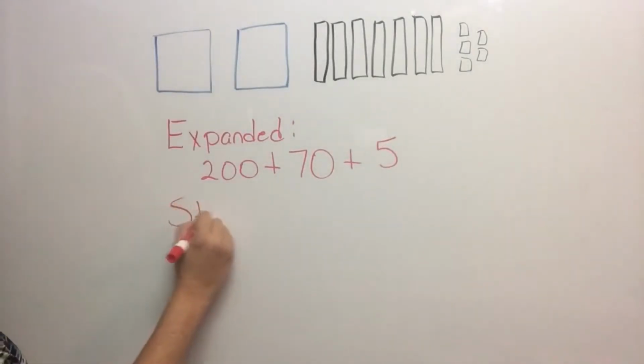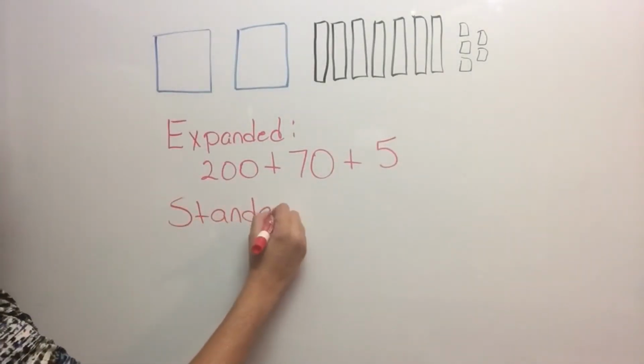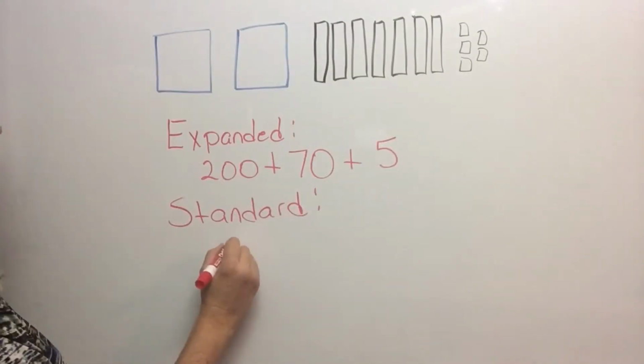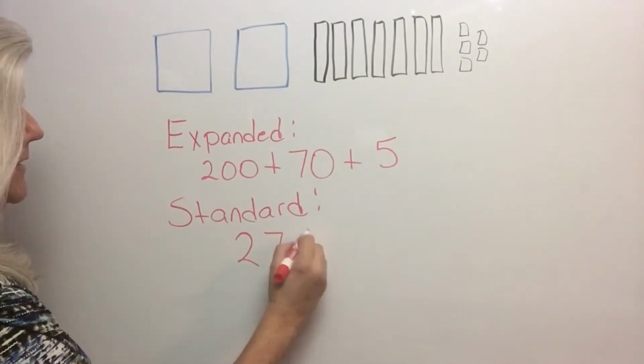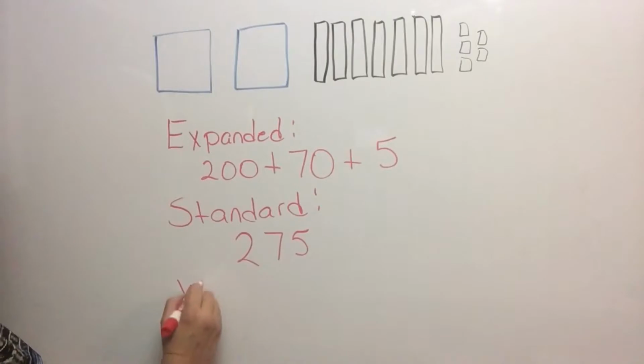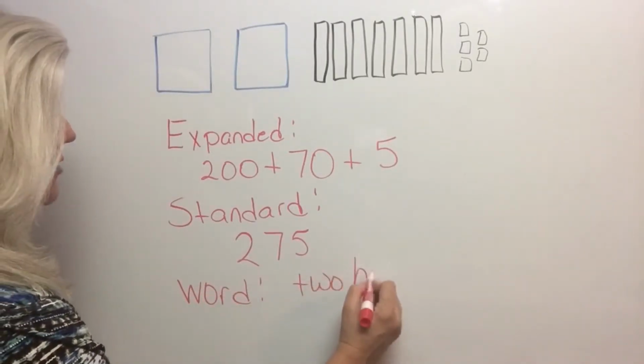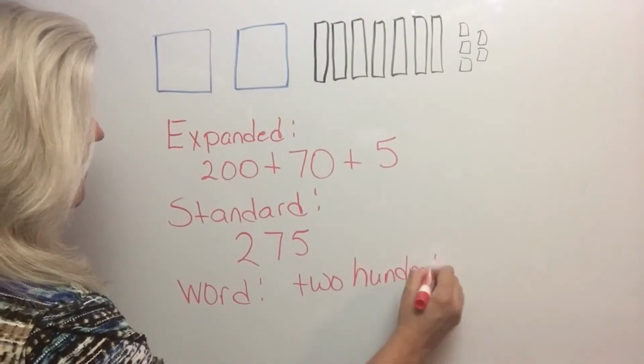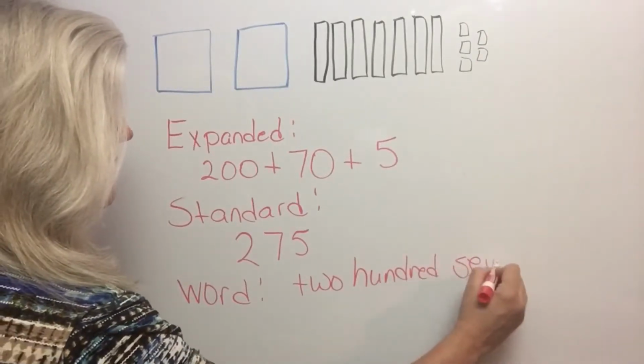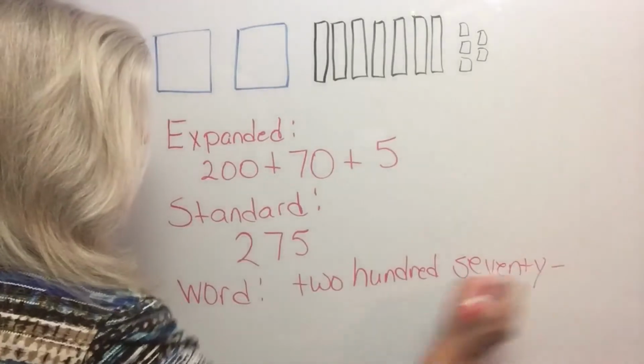If I write this in standard form, I'm going to have 275. Word form, 275.